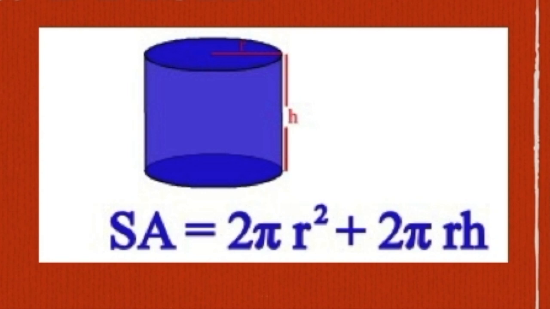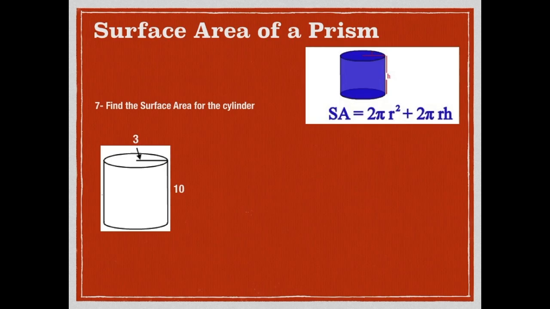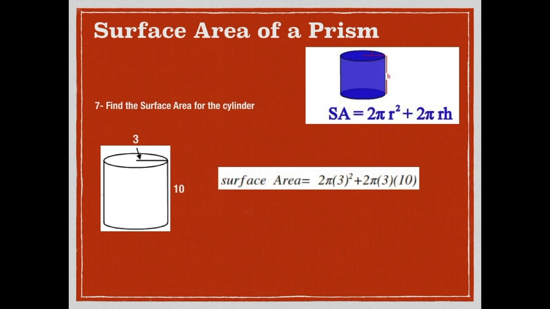This is the formula for the surface area of cylinder, 2 pi r squared for 2 circles, the base and the top, and 2 pi r h for the rectangle surrounding the cylinder. In the example, the cylinder has a radius of 3 and a height of 10. Surface area 2 pi r squared, 3 squared, and 2 pi r h.